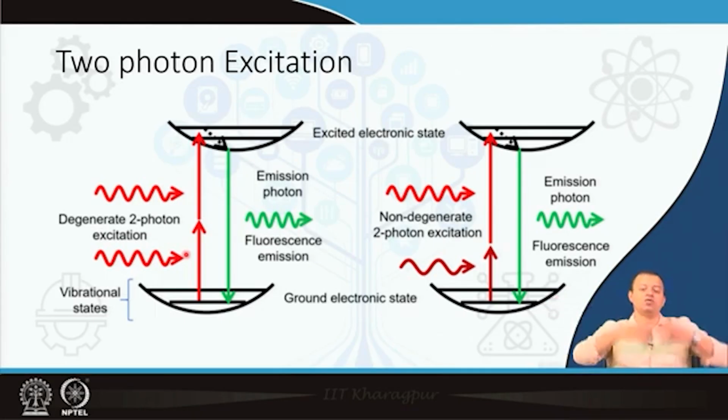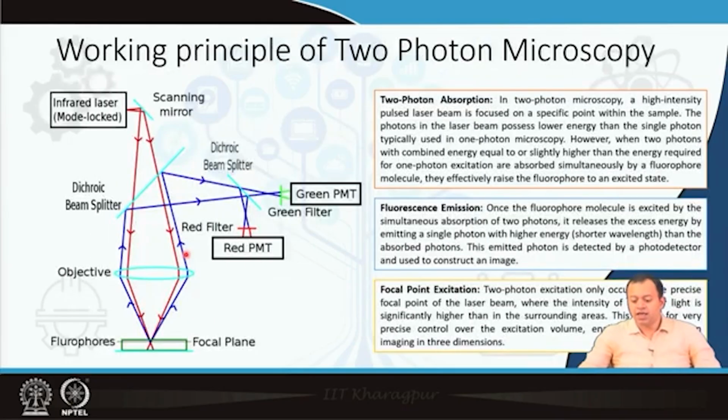So individually you are sending in lower energy photons in the input, not 1 but 2, and they are adding up to produce the same effect. Obviously, the result is less damage, and you can utilize the transmission window, etc.